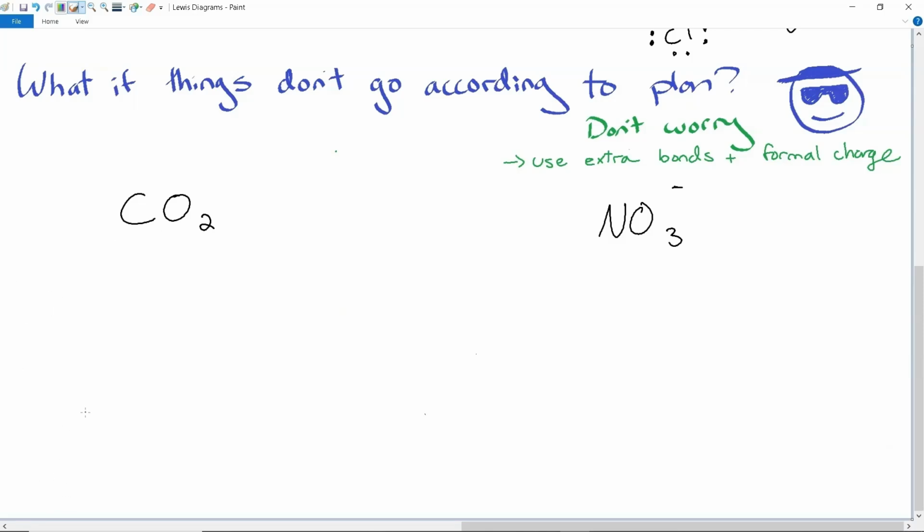We are going to look at CO2, or carbon dioxide, first. Let's count the valence electrons. So I've got a total of 16.